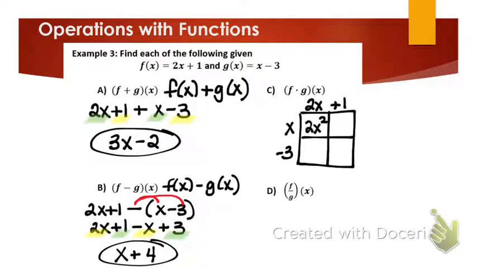So we got 2x squared, 1x, negative 6x, negative 3. Combine your like terms. And your like terms would be your negative 6x and your 1x. So your final answer would be 2x squared minus 5x minus 3.